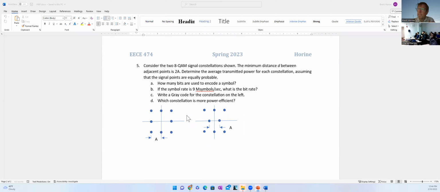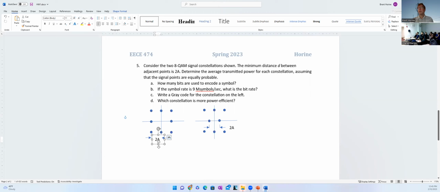Because in the problem it says 2a. Okay, I'm sorry, good point. Let's make those 2 A's there. Sorry. It's all relative, but this will make it easier on the grader.